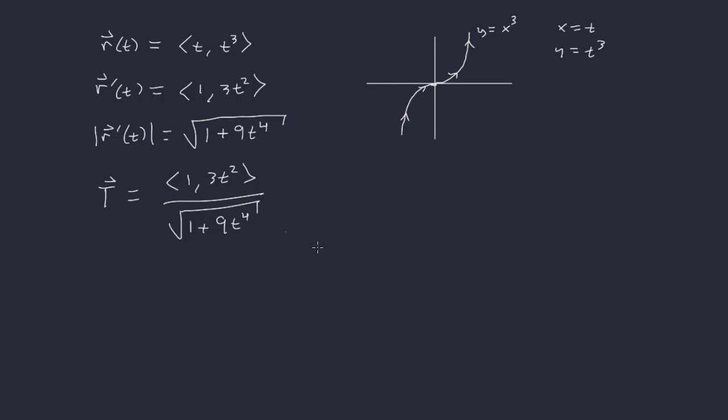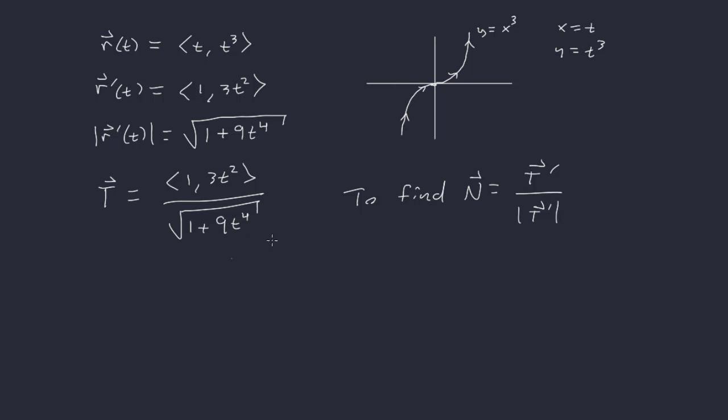And so to find N, we need T prime over the magnitude of T prime. Oh, man. So, okay, that means we need to find T prime.